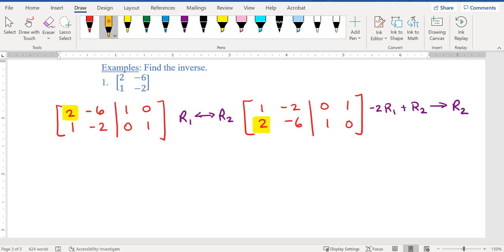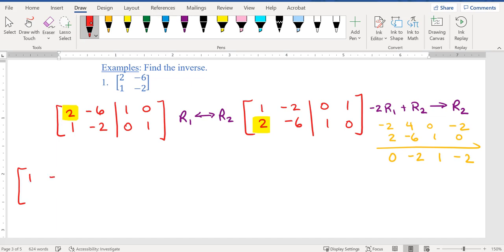-2 times row 1 is -2, 4, 0, -2. Adding it to 2, -6, 1, 0, I get 0, -2, 1, -2. So here comes my matrix: leave row 1 alone, 1, -2, 0, 1, and my new row 2 is 0, -2, 1, -2.